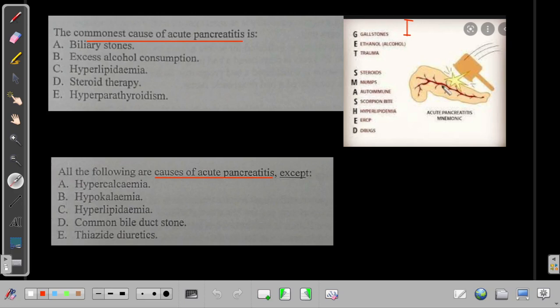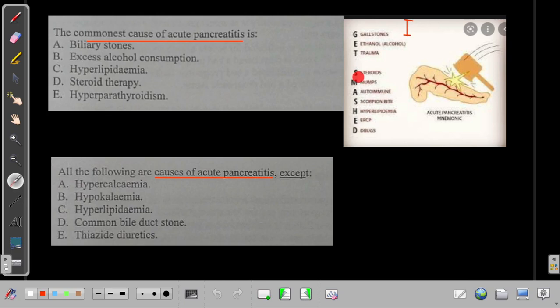Who is going to smash? I get smashed. I for idiopathic pancreatitis. Some cases are idiopathic. G for gallstones, which is the most common cause of acute pancreatitis. E for ethanol, alcohol, second common cause of acute pancreatitis. T for trauma.